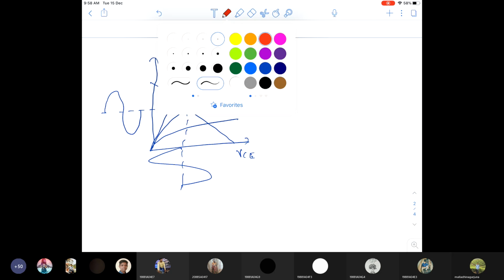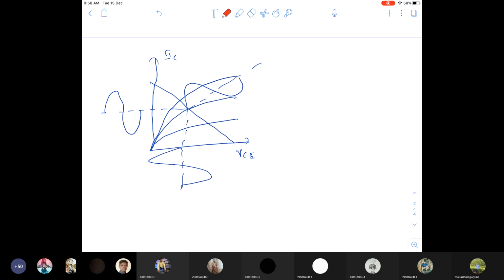This is the load line analysis. Now I will draw the output waveforms. I'm giving an input cycle like this. So this is my input, and this is the IC waveform, and this is the VC waveform.